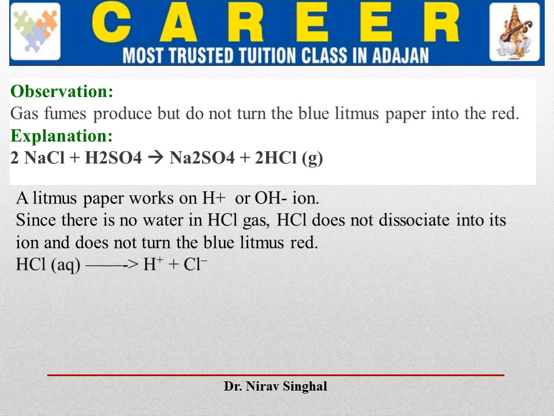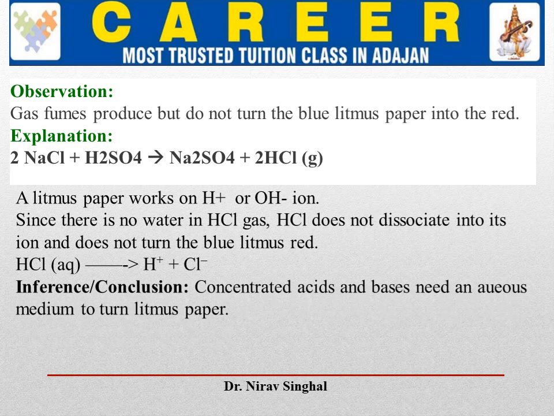But if HCl comes in contact with water, either through moist litmus paper or by adding water to the HCl gas, then it can dissociate into H plus ions and Cl minus ions. This H plus ion, if it comes in contact with the blue litmus paper, will definitely turn it red.